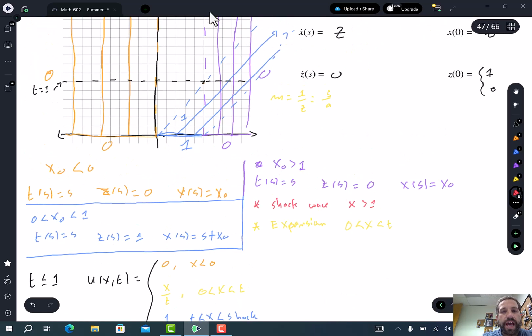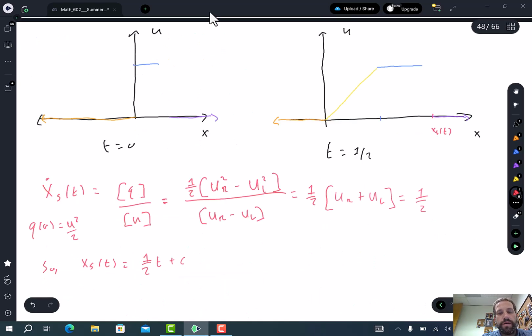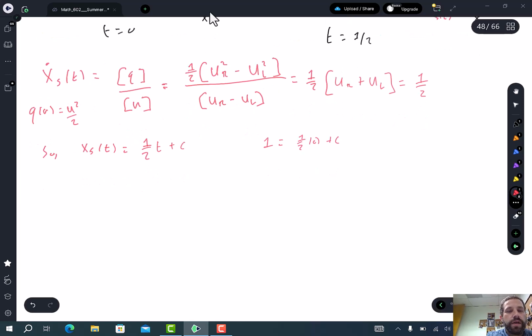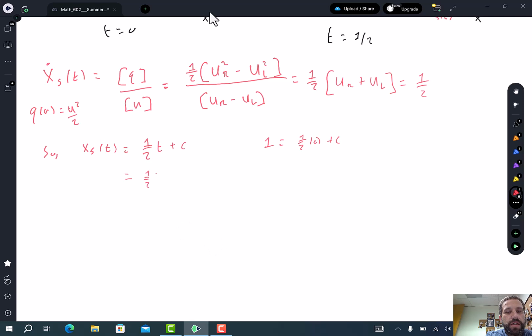Well, the shock first happens when t is equal to 0 and x is equal to 1. So I'm going to use that to figure out what c is. When x is equal to 1, t is equal to 0. So this is going to be 1/2 times 0 plus c. So c is equal to 1. So this is going to be equal to 1/2 t plus 1.